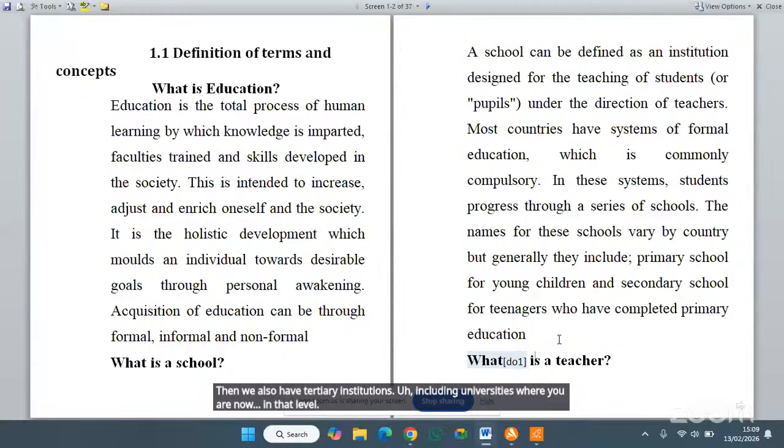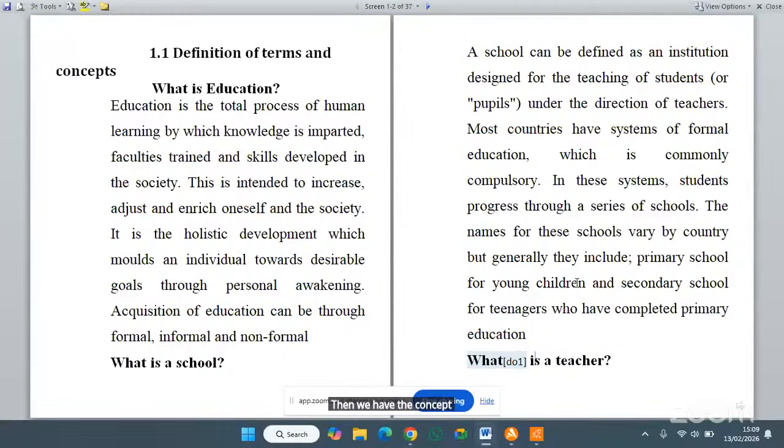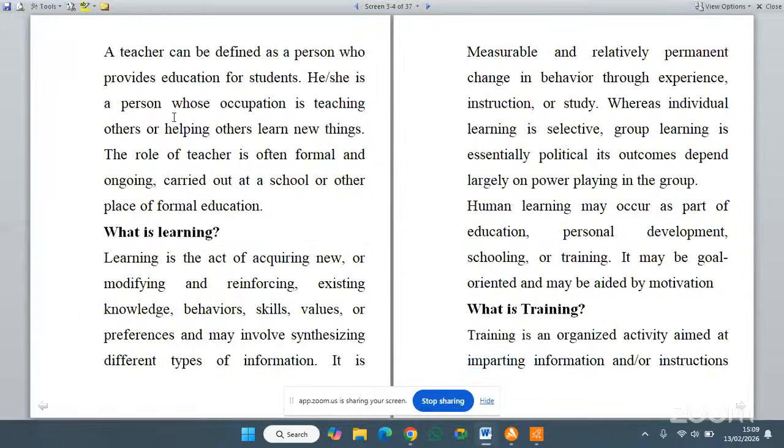Then we have the concept of a teacher. Who or what is a teacher? A teacher can be defined as a person who provides education to students. He's a person whose occupation is teaching others or helping others learn new things.